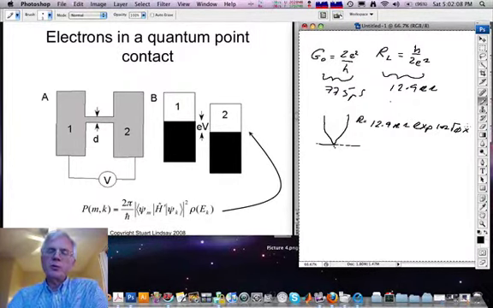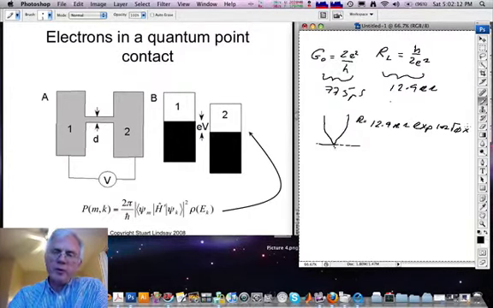The conductance, of course, would be 77 microsiemens times e to the minus 1.02 root phi times the distance of the junction. So now we can give an absolute calibration to tunnel junctions.